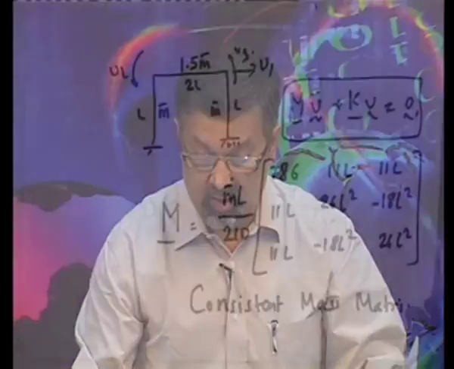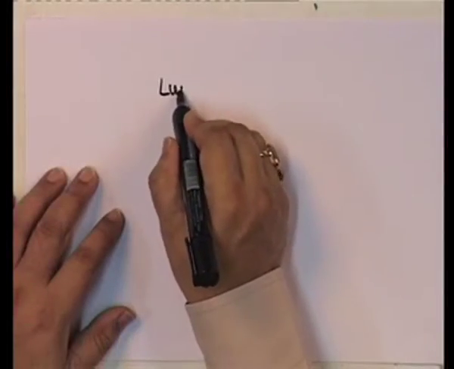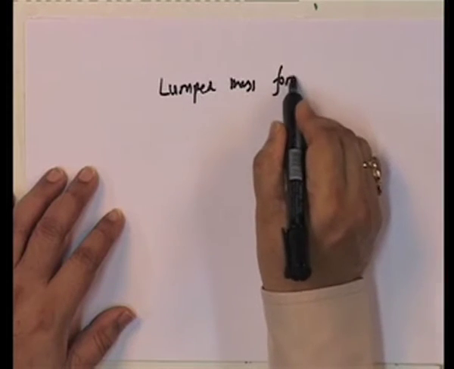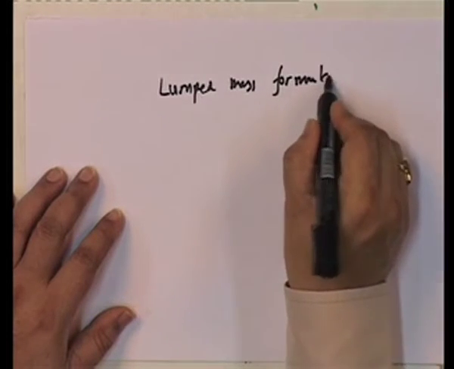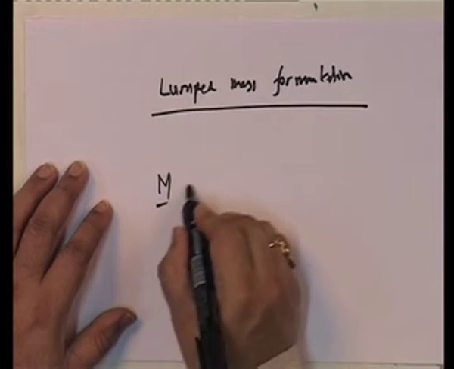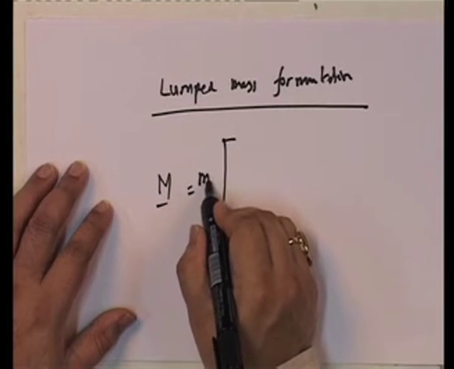So, in this particular problem, the specific problem that we solved, the consistent mass matrix was this, and the lumped mass formulation will give a mass matrix of the same format.